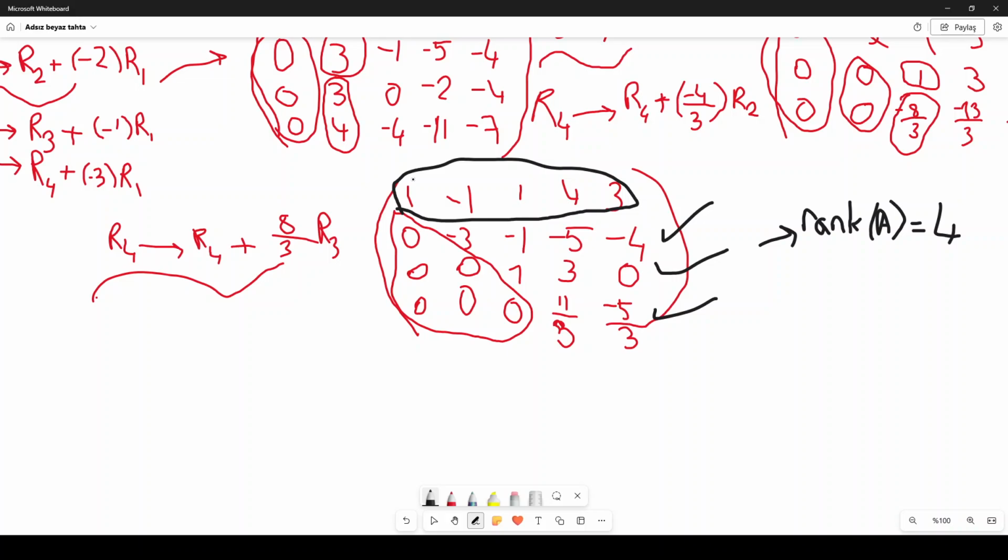We have only non-zero rows in this matrix, so I have the first pivotal position here, and the second pivotal position here, because -3 is the leading entry in the second row. 1 is the leading entry in the third row, because it is the first element not equal to 0, and 11/3 is the fourth pivotal position. In other words, if I count the number of pivotal positions, it is still the same.